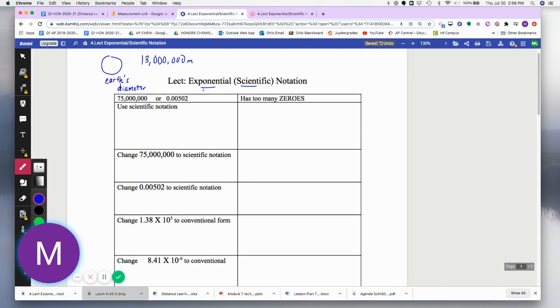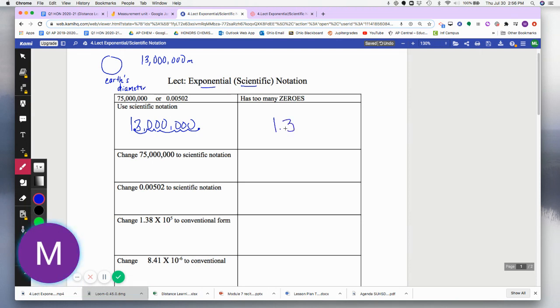To use scientific notation, all you have to do is make sure that the decimal point is between the first two non-zero numbers. So for example, 13 million. The decimal point is in the very end. You want to move it 1, 2, 3, 4, 5, 6, 7 times so that the decimal point is now in between the 1 and the 3.